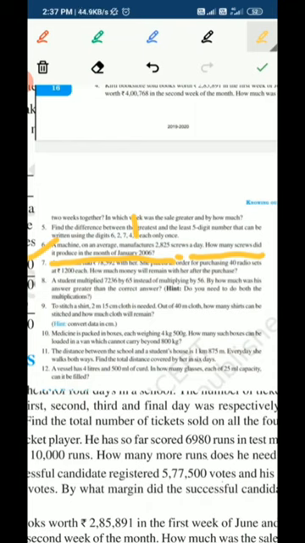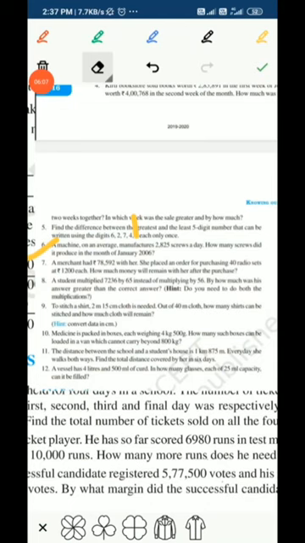So to find the production of screws in the month of January, we have to multiply the number of days in January and the number of screws manufactured by the machine in one day.